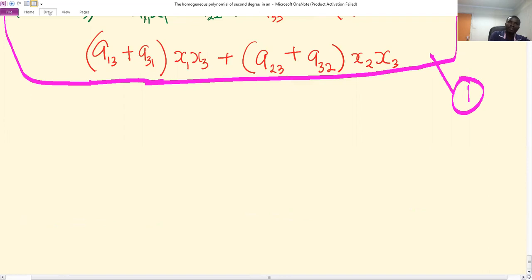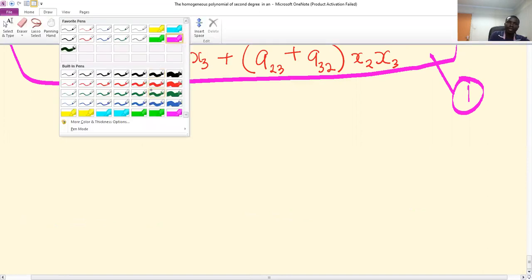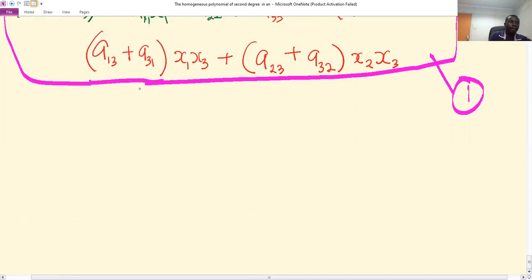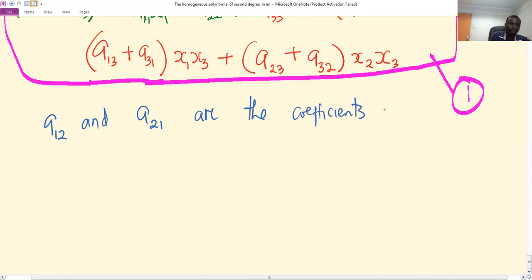We can similarly define the quadratic form for 4 variables in the same way. So we say a12 and a21 are the coefficients of x1 x2.